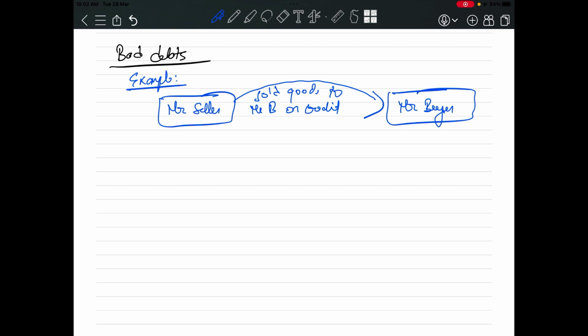Now Mr. Buyer had agreed to pay the money. Let's say the amount was 10,000. Mr. Buyer agreed to pay the money within 30 days.